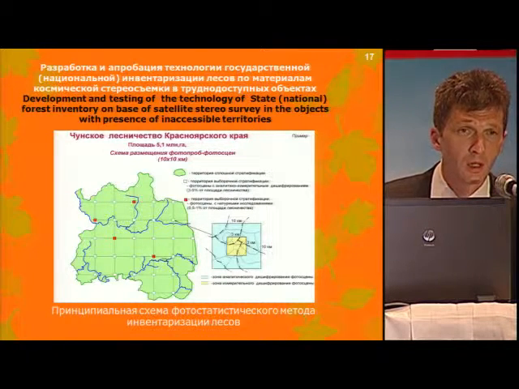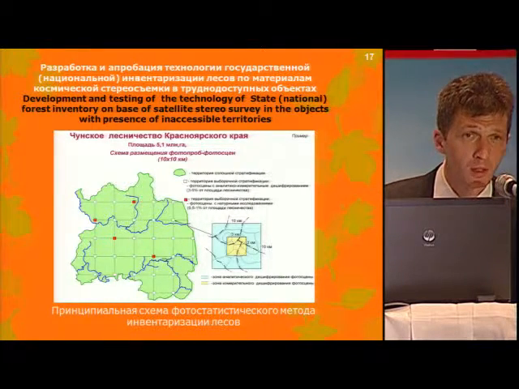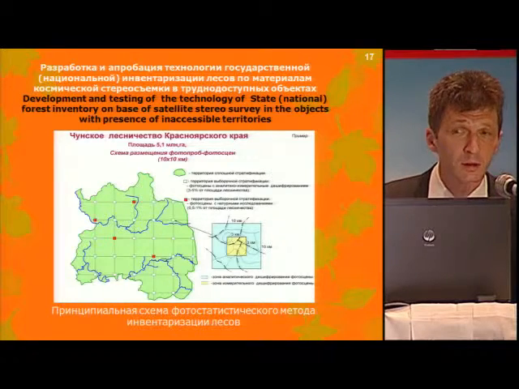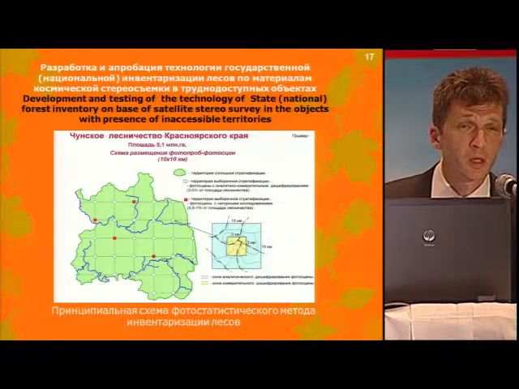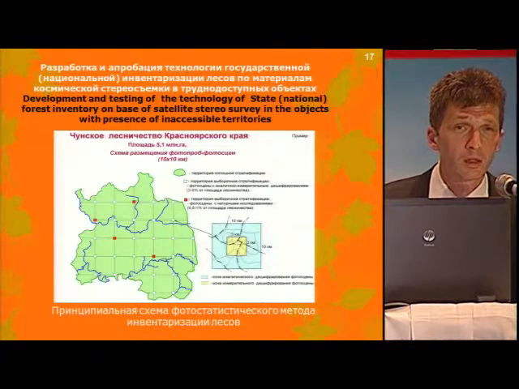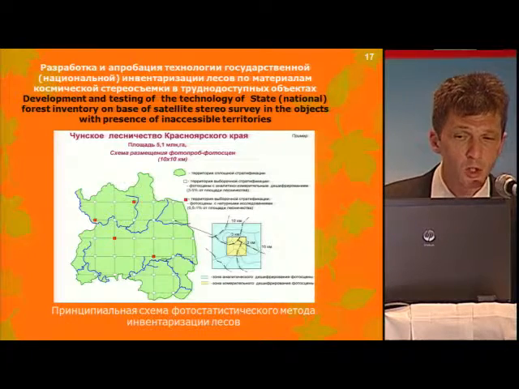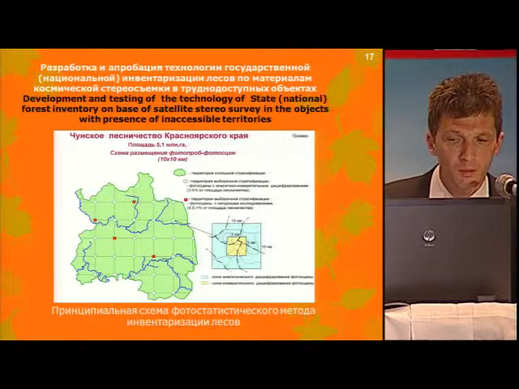The main task for state inventory of forests is rough estimate or valuation of forests in big parts of the country, of the whole country, for strategic assessment and decision making for forest management, but not for any issuance of economic instructions or decisions.